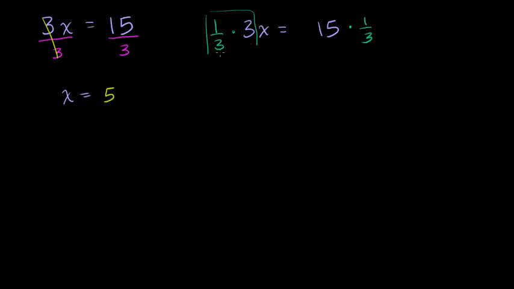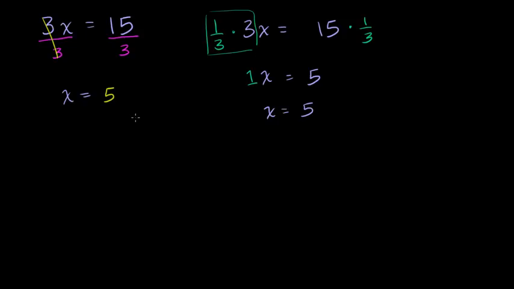When you just multiply this part right here, 1/3 times 3, that is just 1. 1x is equal to 15 times 1/3 is equal to 5. And 1 times x is the same thing as just x. So this is the same thing as x is equal to 5. And these are actually equivalent ways of doing it. If you divide both sides by 3, that is equivalent to multiplying both sides of the equation by 1/3.